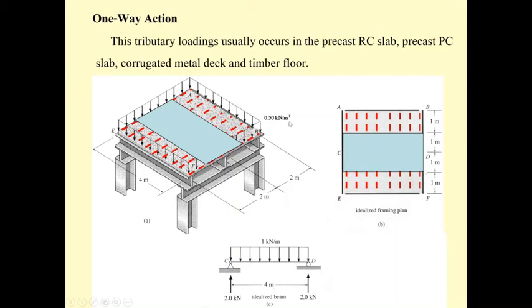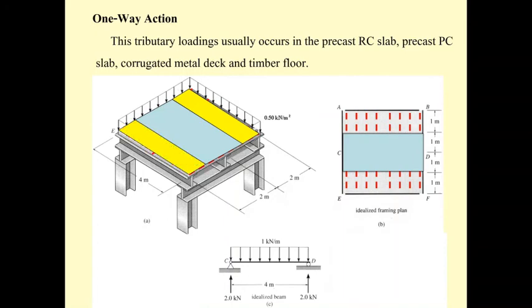Then when it is multiplied by 0.5 kilonewton per square meter, you get 1 kilonewton for 1 meter. Then the uniformly distributed load is distributed to be the reaction: 1 kilonewton per meter times 4 meters divided by 2. So 2 kilonewton at C and another 2 kilonewton at D.